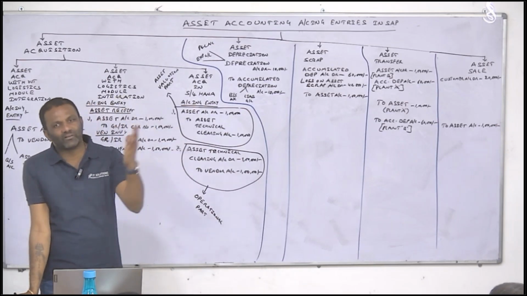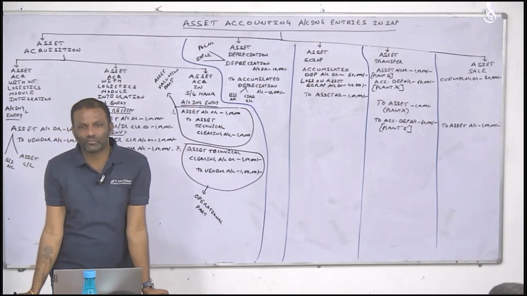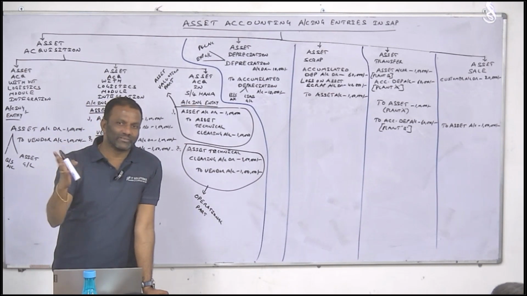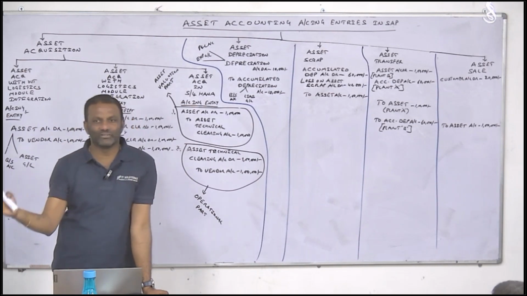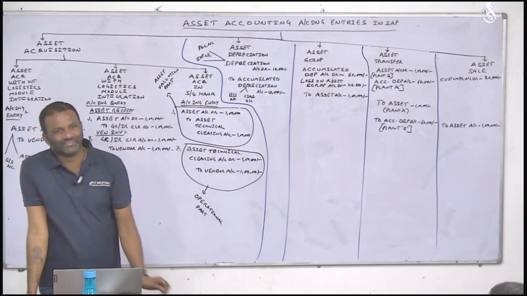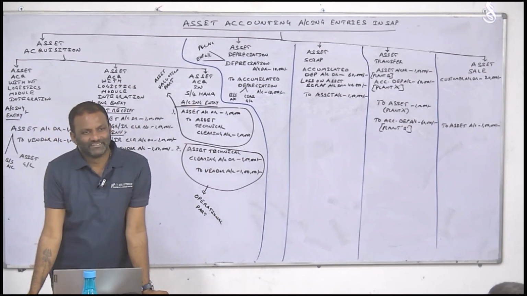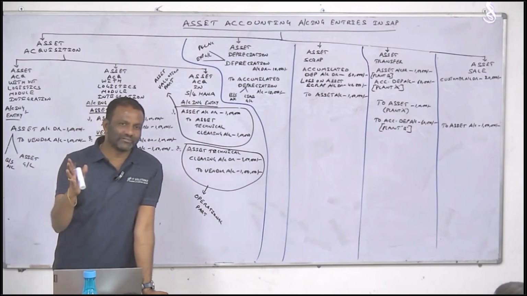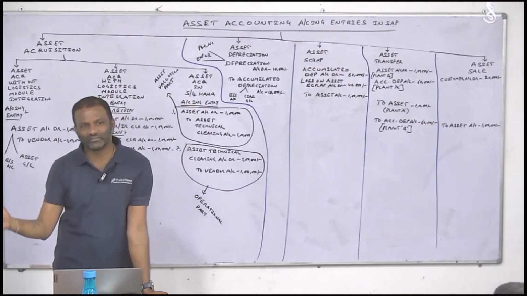But after that I introduced CO also to some extent. Then also I did not change the fees, 20,000, 25,000. Then after that I introduced S4HANA also. But I have not changed the fees, 20,000, 25,000.